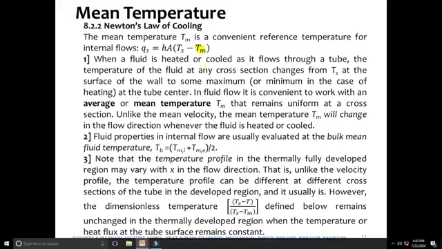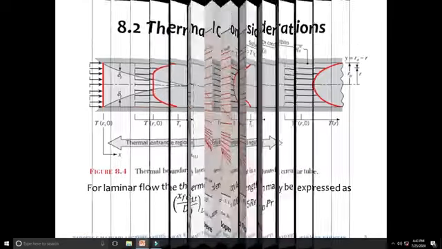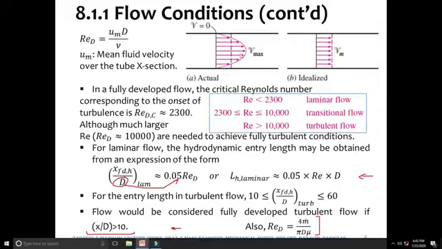Now what is Tm? Tm is the mean temperature, just like we had a mean velocity. If I go back, I had shown you that there is a mean velocity like that. Similarly, the temperature will also vary in this particular manner.